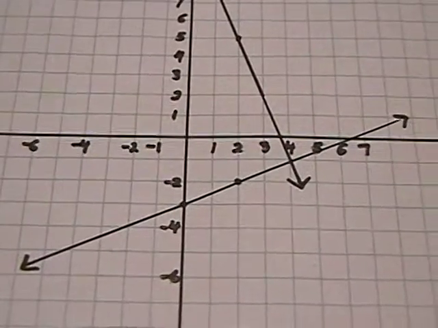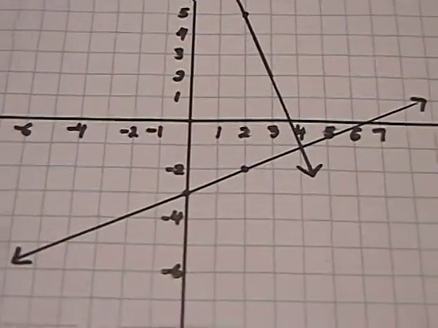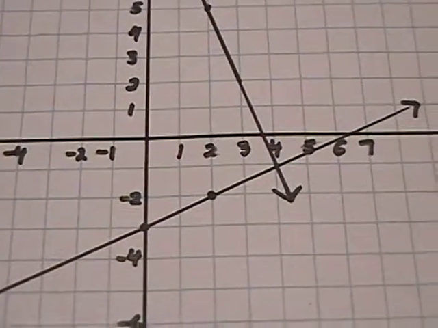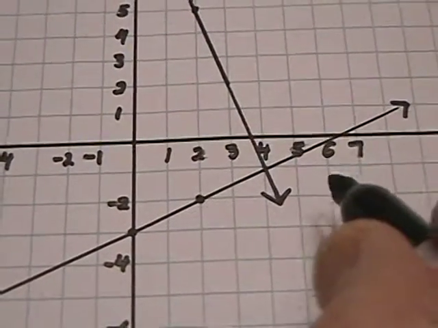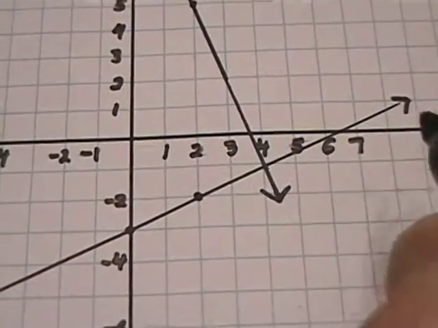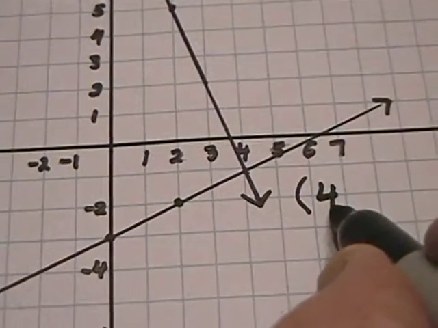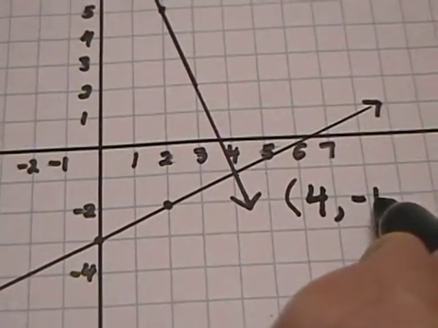Here I've drawn in the other line, and you can see that at one point they intersect, here. This point corresponds to 4 and negative 1.